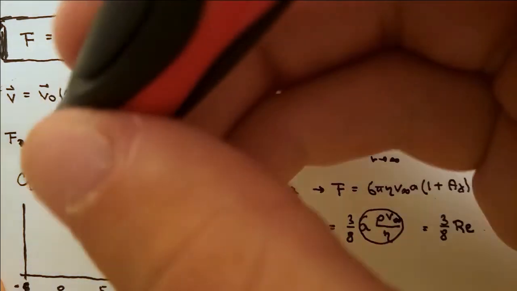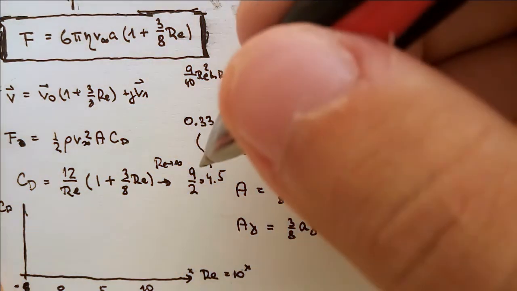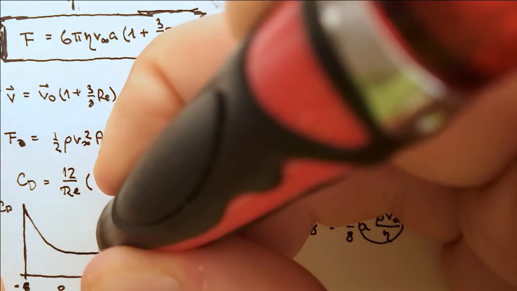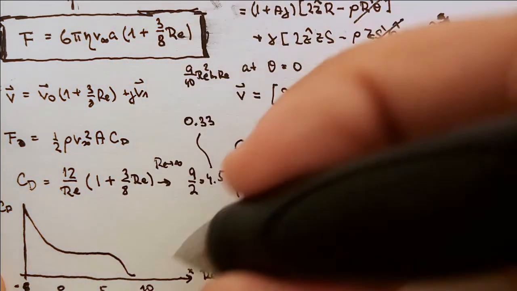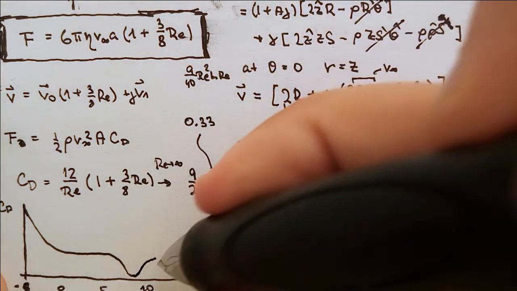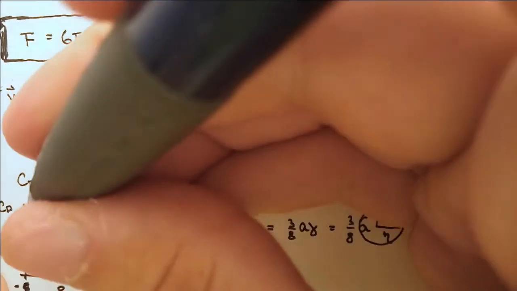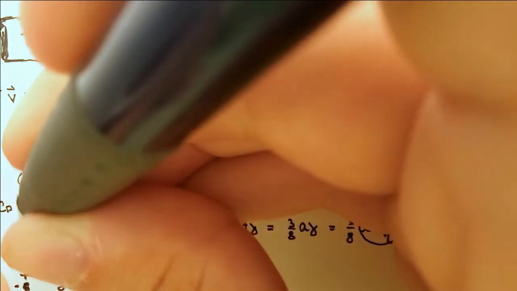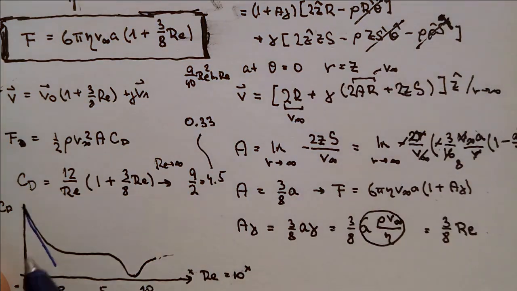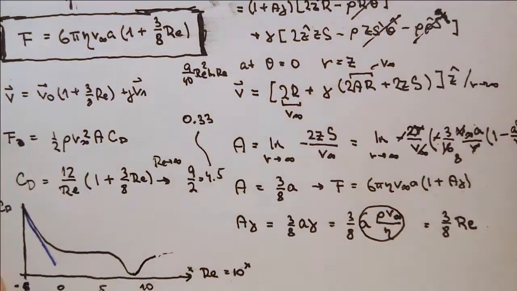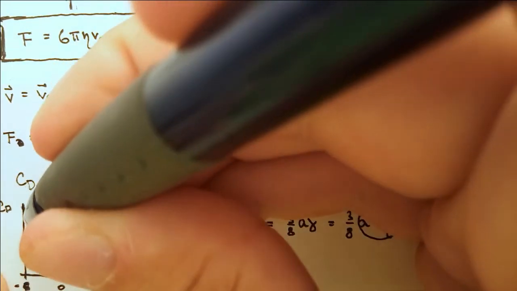And if you do the analysis, the plot of the drag coefficient looks like this. I don't know whether the numbers are correct, but this is how the graph looks. And also this is the Stokes approximation, which is in here. And if you add the Oseen approximation, it will look like this.